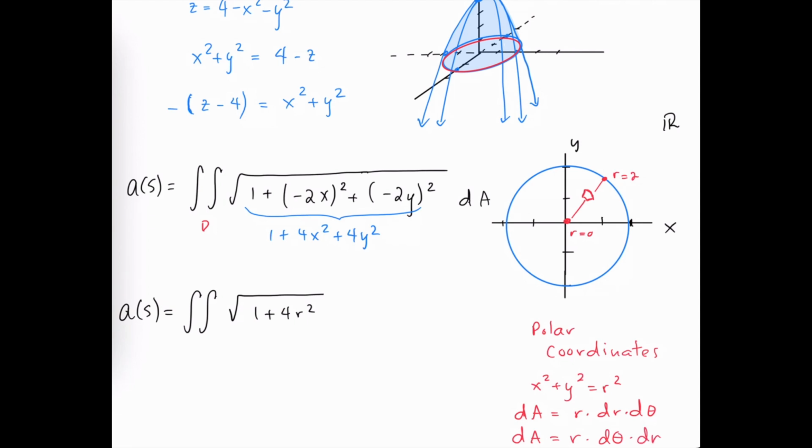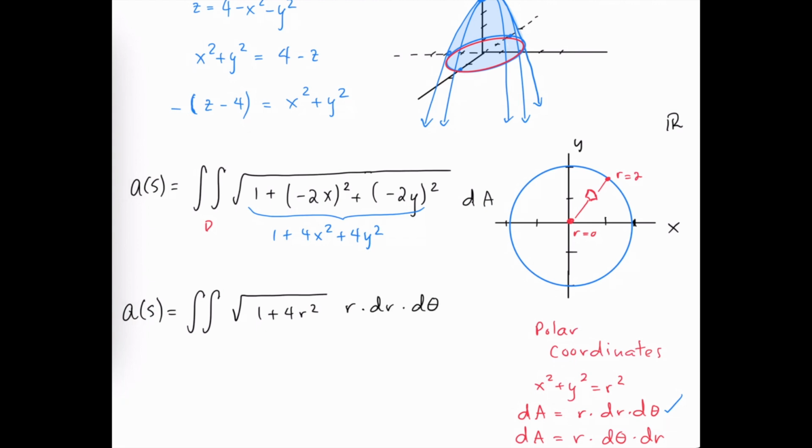We are choosing r dr d theta. Again, we said that our r limits go from 0 to 2. And then once we have a band that is added up in the direction of r, the lowest extreme for that band is when theta is equal to 0. And we'll need to sweep it all the way around to theta equals 2 pi in order to cover that entire domain region.